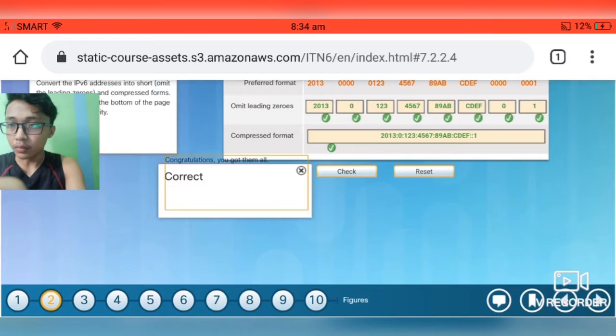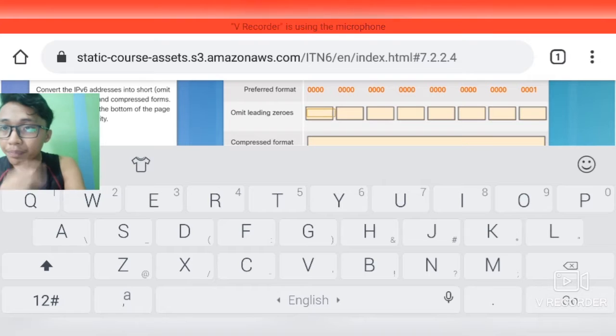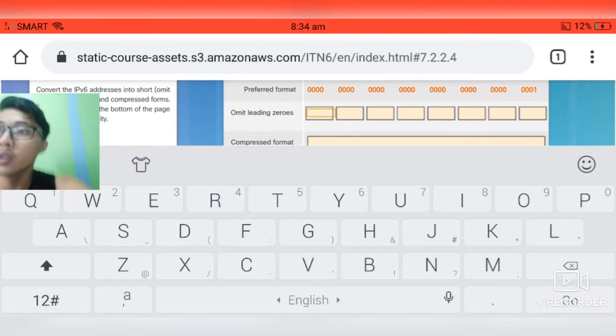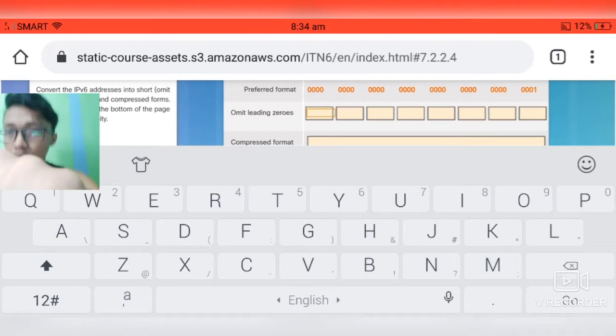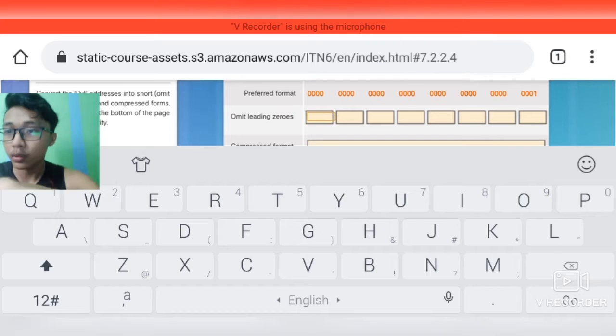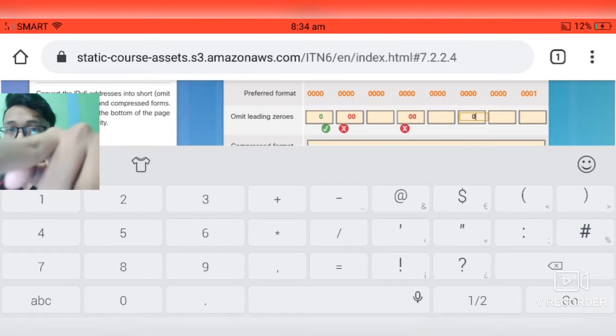So I'm heading to our third figure. We have here 10 figures, and we are now in the third figure. So we have here 0 0 0 0 0 0.